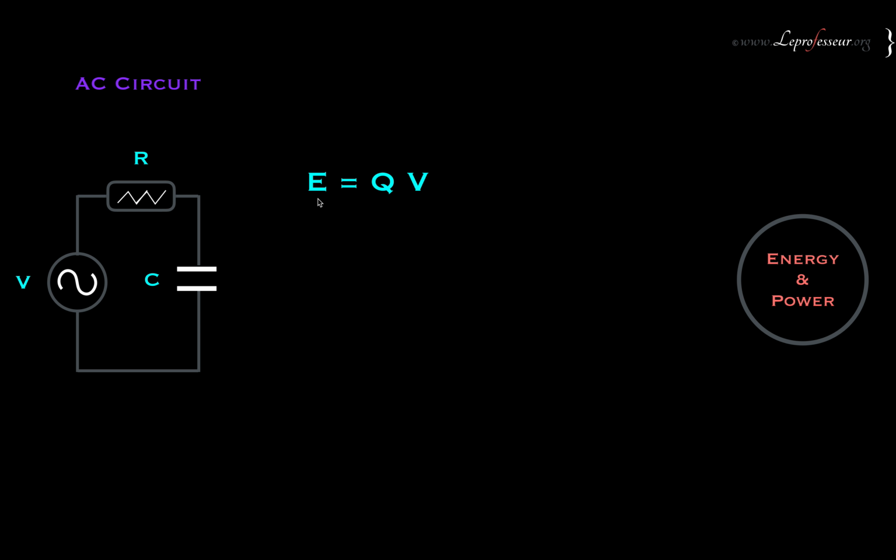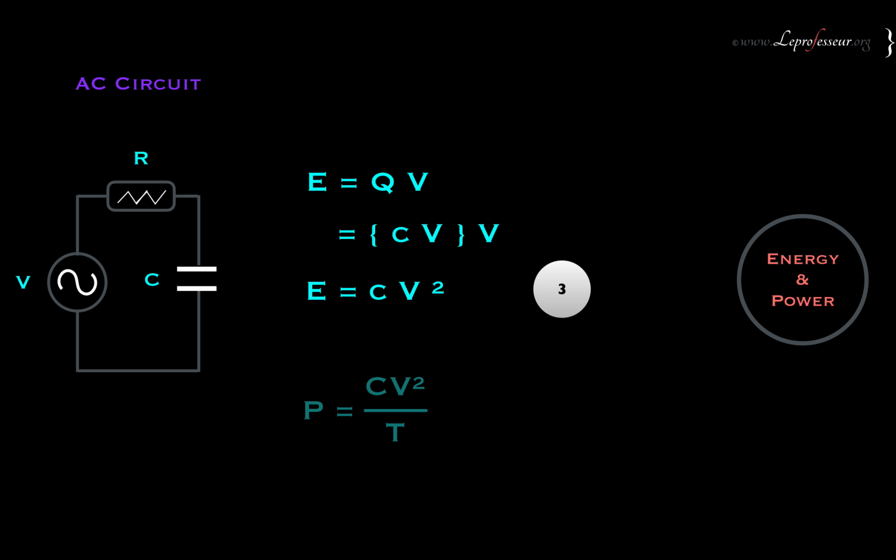Charge Q is moving through the voltage V, so energy would be Q times V. And Q is whatever is the charge stored in the capacitor. So Q we can further simplify as C multiplied by V, and then V is as it is. So we end up getting an energy equation, C, the capacitance, times voltage squared. Let's call it equation 3.